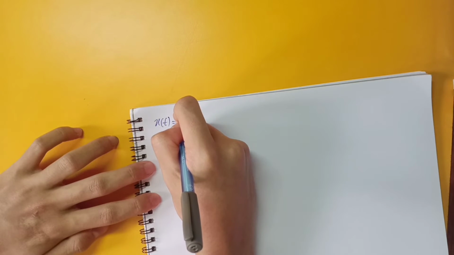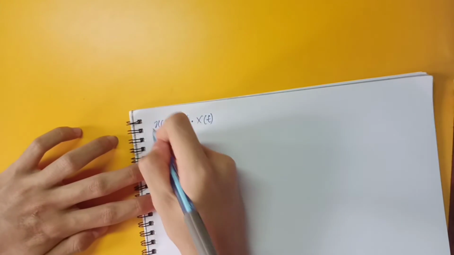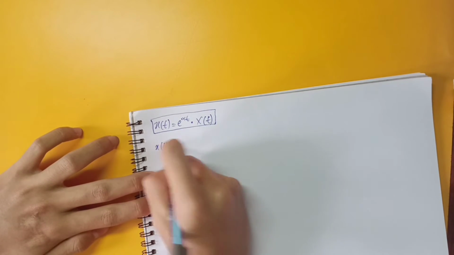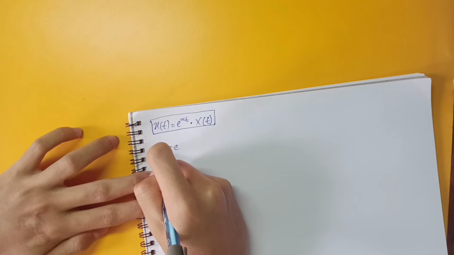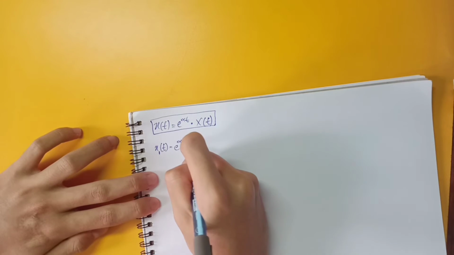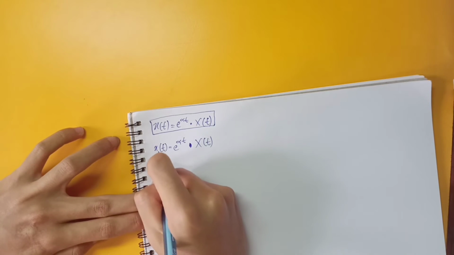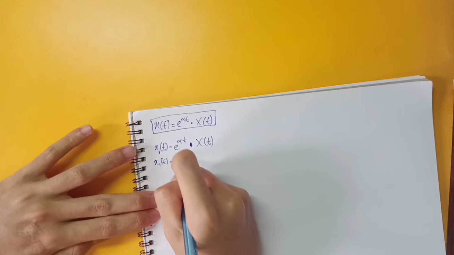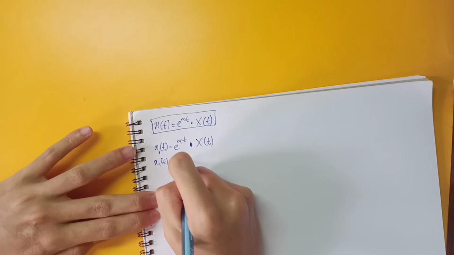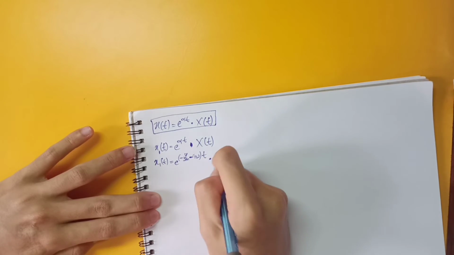So x(t) is equal to exponential power of alpha t times x(t). Then x(t) is equal to exponential power of alpha, which is s1 t. S1 t is equal to exponential power of alpha 1 t times x(t), and then x1(t) is equal to exponential power of negative gamma over 2m minus i omega t times x(t).